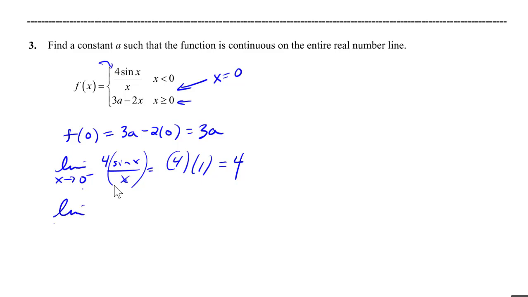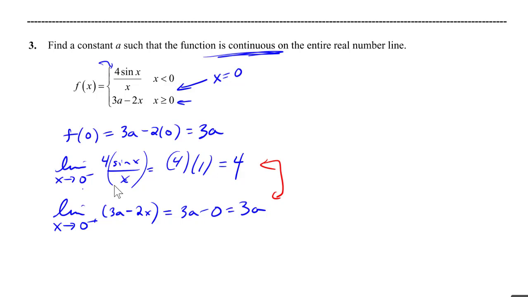The limit as x approaches 0 from the right of this function looks like 3a minus 2x, and that would be 3a minus 0, or 3a. Now, we're trying to ensure that it is continuous, so we need these two to match so that we get the limit.